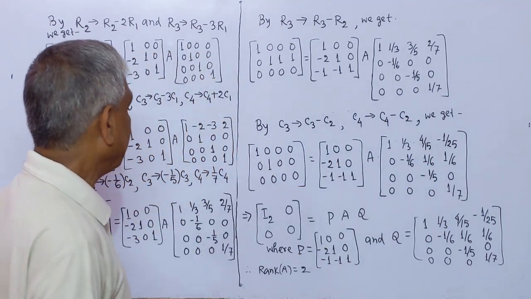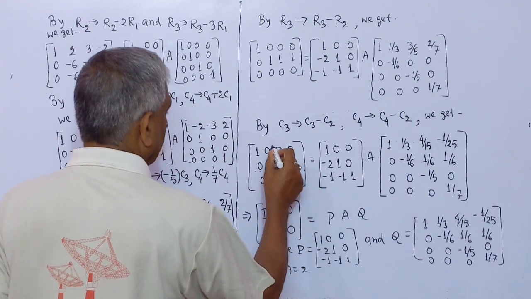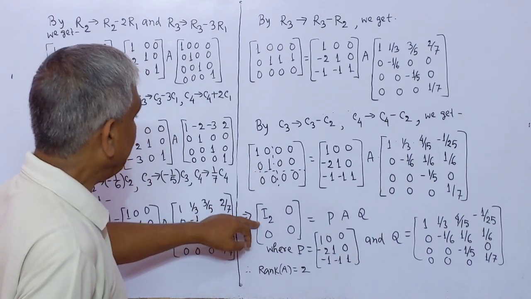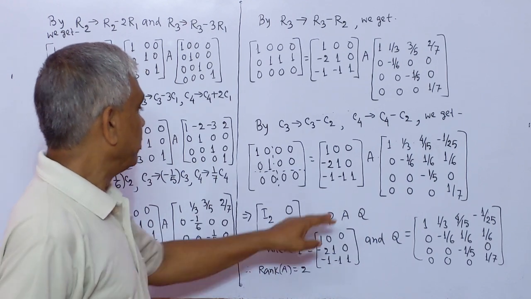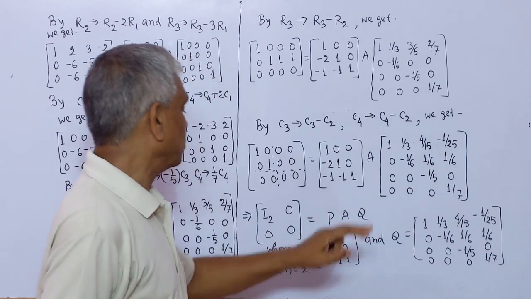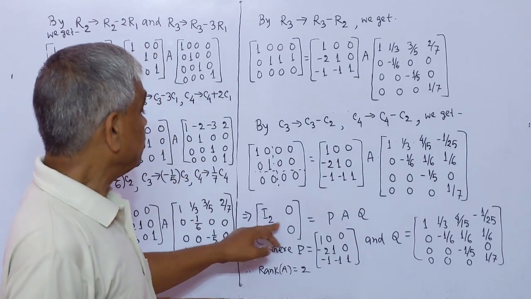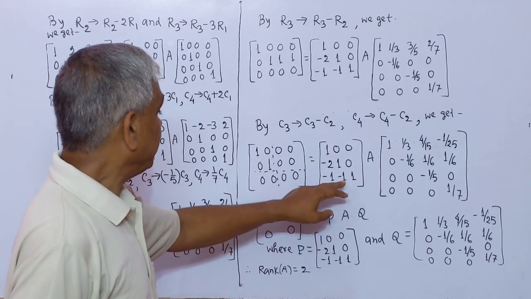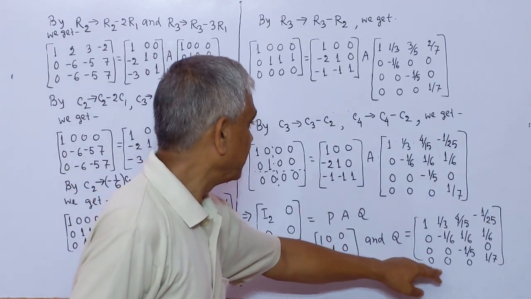Here we see that we get this matrix in the form of I2, unit matrix I2, here 0, here 0, here 0. Let us call this matrix P and this matrix Q. So the left side is in normal form, which is equal to PAQ, where P will be this matrix and Q will be this matrix.